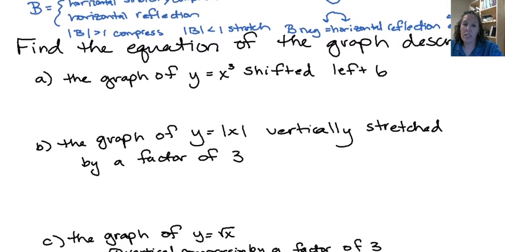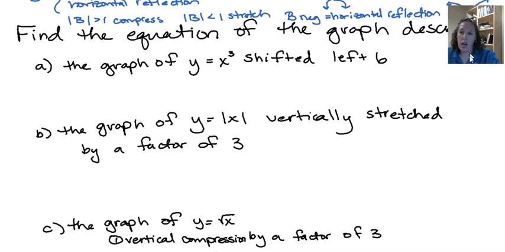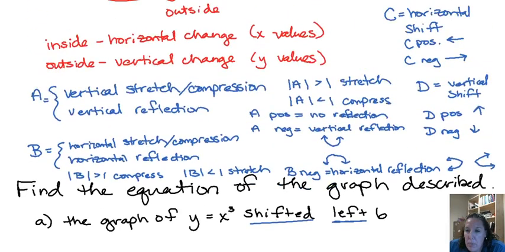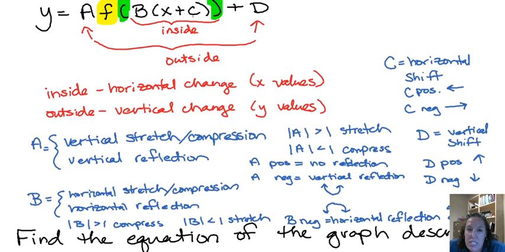So if we want the equation of the graph where y equals x cubed is shifted to the left 6. Well, shifted tells us that it's going to be a plus, and then this is giving us left, so that means it's a horizontal shift. Well, if we go back up here, remember our horizontal shift is our C value.